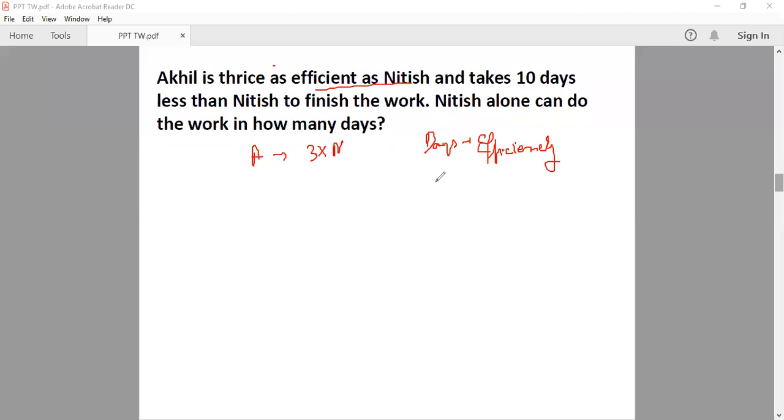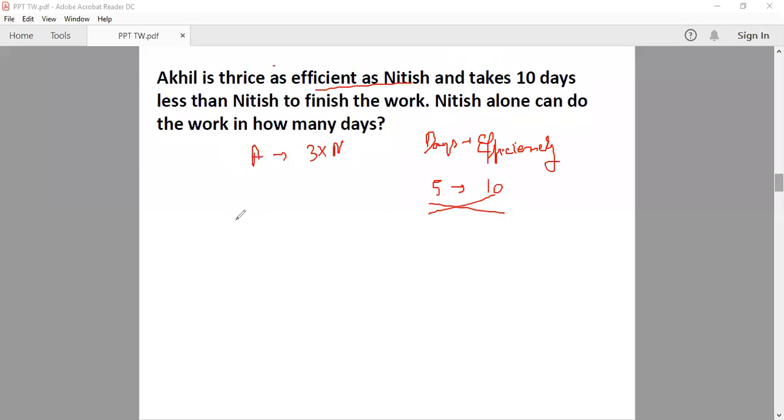If A is doing a work in 5 days and another person is doing it in 10 days, the efficiency is 10:5, which is 2:1. This is the basic thing you need to understand. Now, if Akhil is thrice as efficient as Nitish, this means that Nitish takes 3 times the time taken by Akhil.